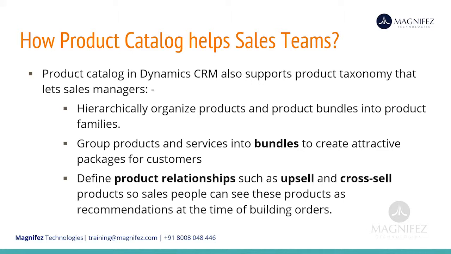Upsell and cross sell: if I'm selling a laptop, and if I'm selling 10 laptops, upsell means I can tell the customer if you take 5 more units of this, then I can give you a reduction, something like that. That is upsell. Cross sell means if I'm selling a laptop, then if I click on the suggestion, it will show me other products like accessories or other products which I can also sell along with it, giving an offer or something like that.